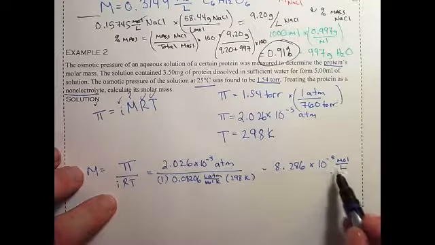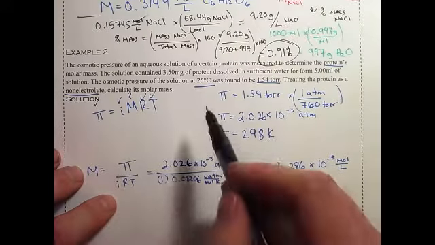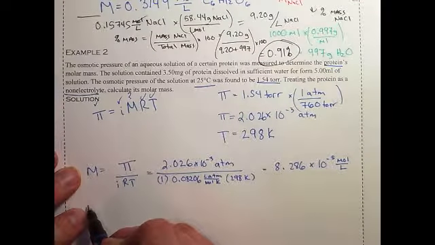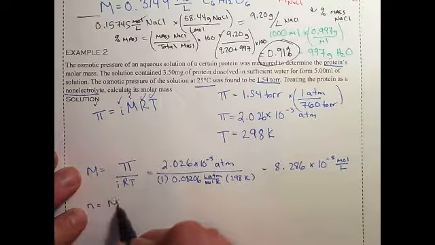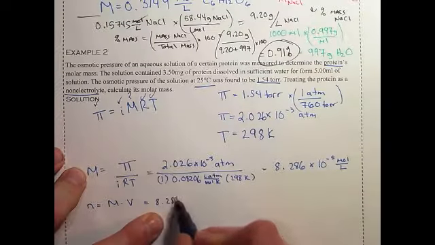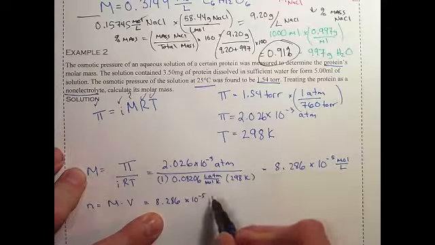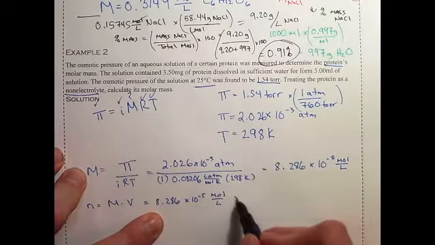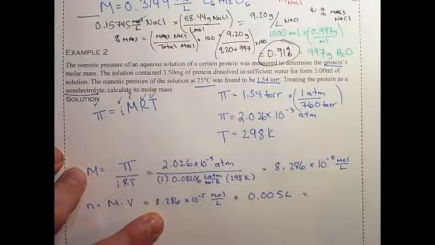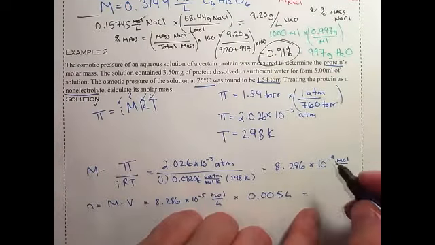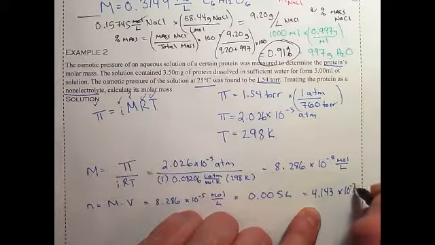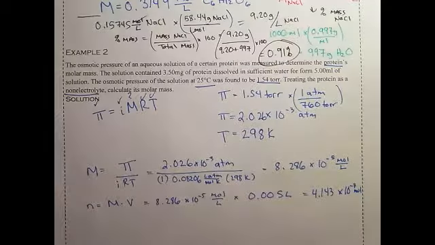So I know the number of moles in 1 liter of solution, but I only had 5 mL. The number of moles is equal to molarity times volume. So 8.286 times 10 to the negative 5 moles per liter times 0.005 liters gives me 4.143 times 10 to the negative 7 moles of the protein.